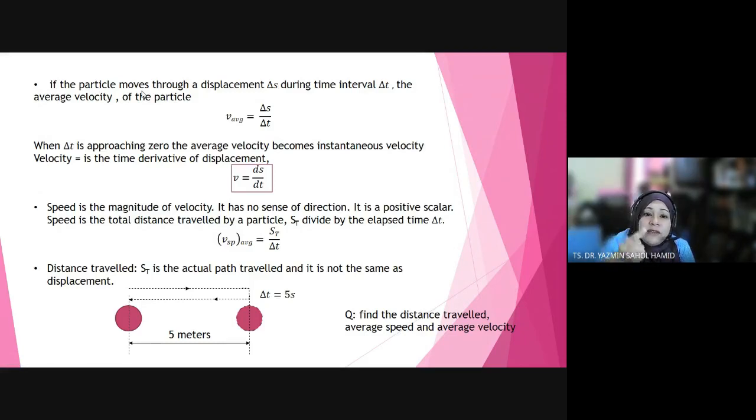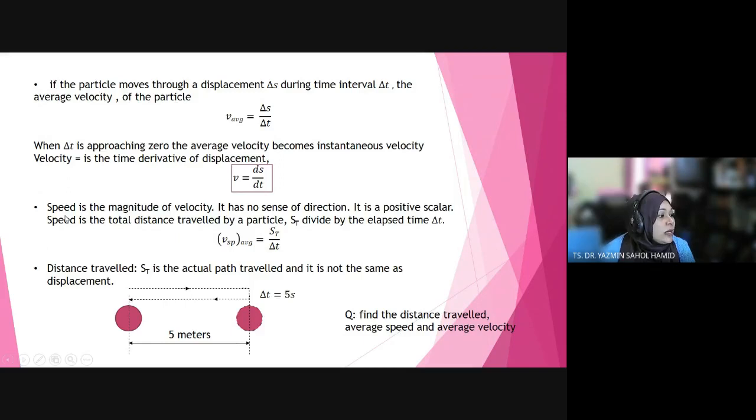When the time approaches zero, we can say that the velocity becomes the instantaneous velocity. And the velocity is the time derivative of displacement.